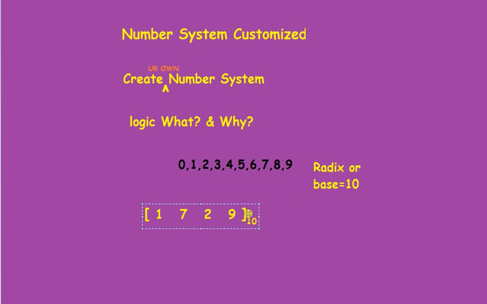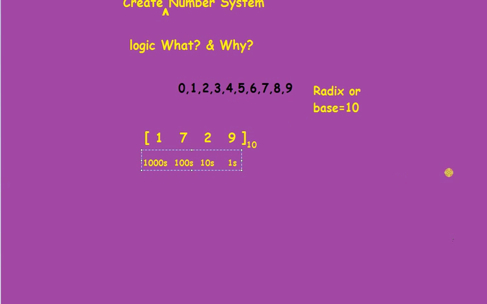Let's get back to our childhood where we learned place values, right? 9 is in the ones place, 2 is in the tens, 7 is in the hundreds, and it goes on. It depends on the number. These numbers 1, 10, 100, 1000 are called weights. For 9, the weight is 1. The weight of the 2 is 10.